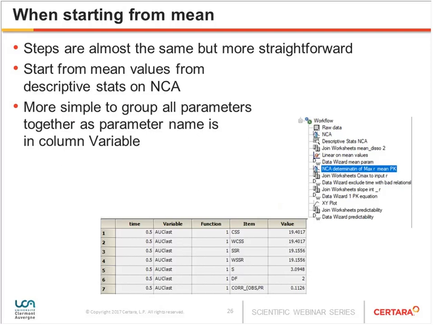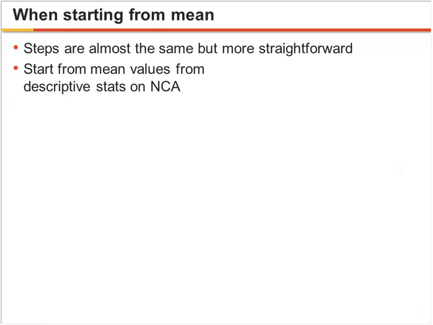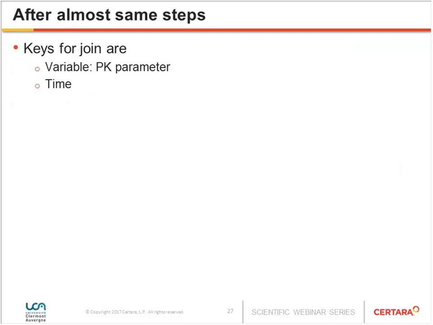The second difference, as I'm going to have the results, is that I will also have to use the variable, the column variable, as a group parameter, to have the difference between the AUC and the Cmax. In this case, the keys to join them are going to be variable and time, and not only time.